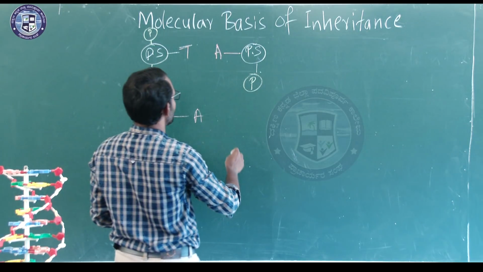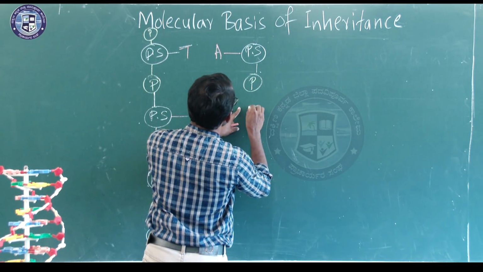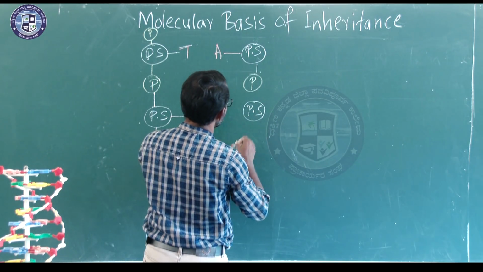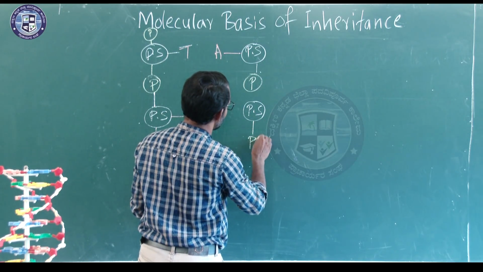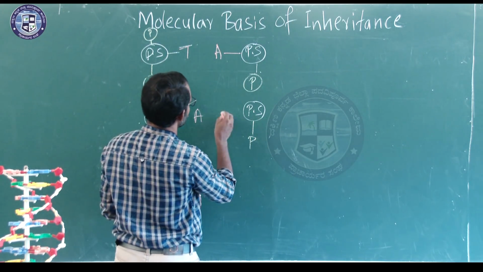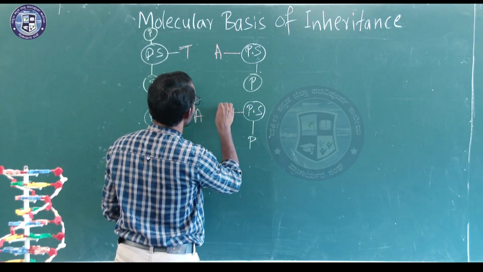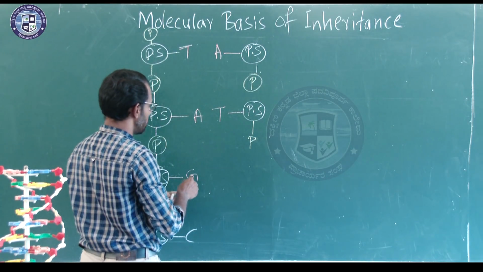I will tell you why in a similar way. Once again a pentose sugar which has a phosphate group, and it has the nitrogenous base thymine. Once again I will tell you why exactly thymine here later.